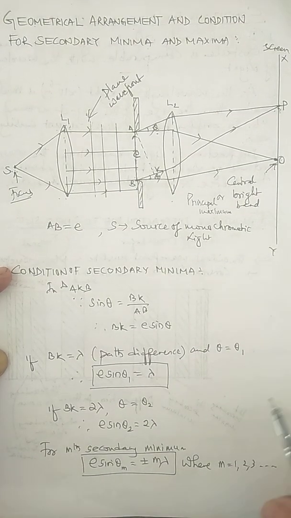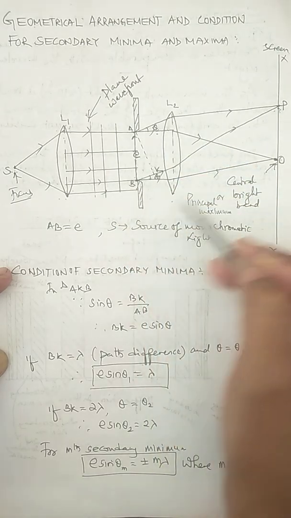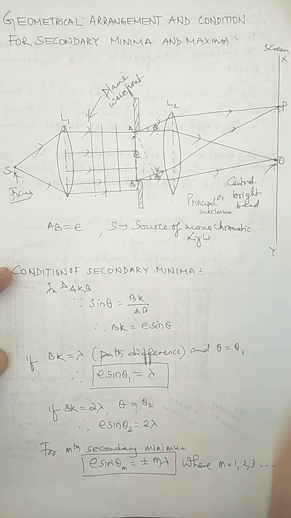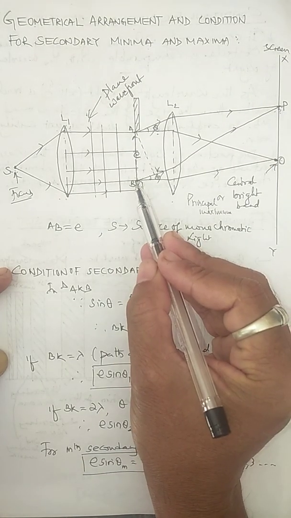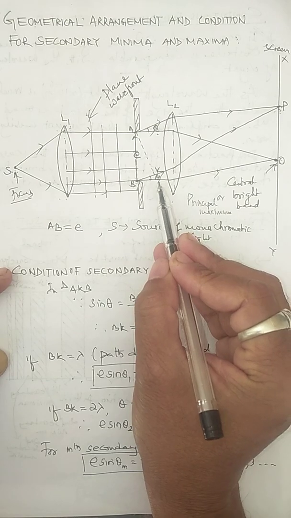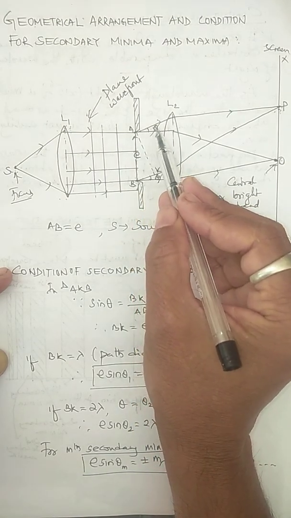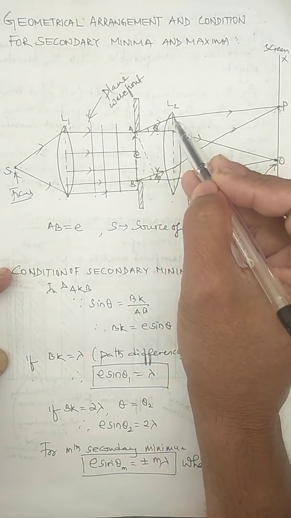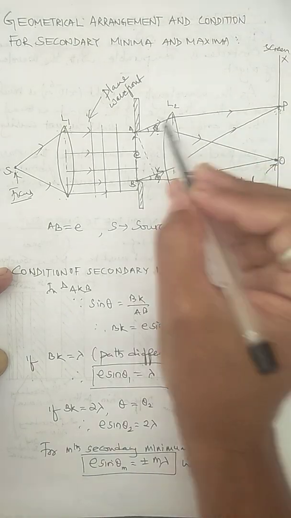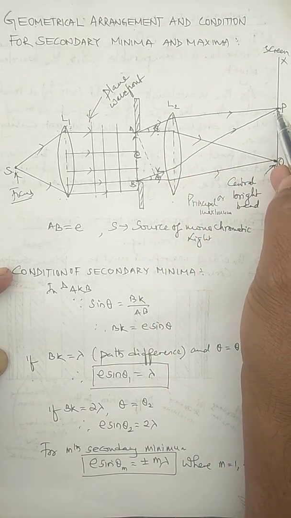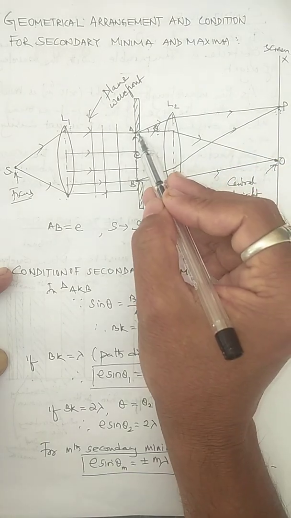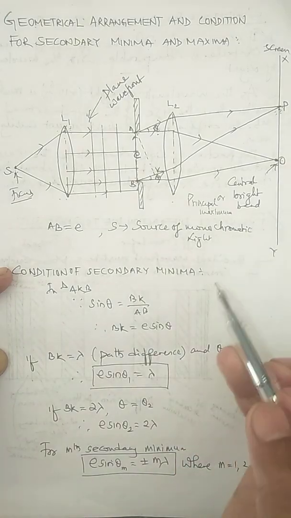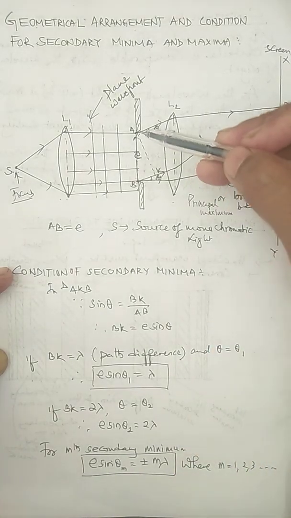Now in order to measure the path difference, let me follow this diagram again. This is a diagram where we can see the formation of secondary maxima or minima at P. The secondary wavelet from B is diffracted by angle theta, and the secondary wavelet from A is also diffracted by angle theta, and these are focused by this lens L2 at P, so that when they superpose each other at P, there is a path difference between the wavelet reaching from A to P and the wavelet reaching from B to P. That path difference is calculated by drawing a perpendicular line.